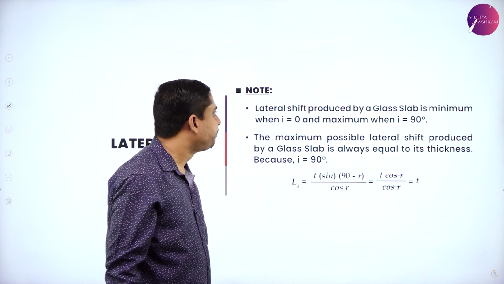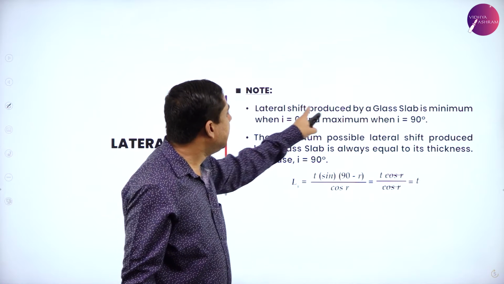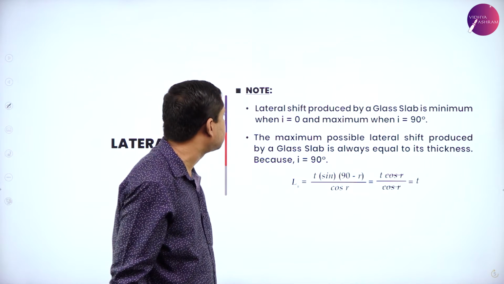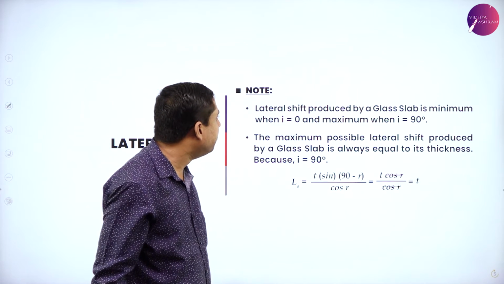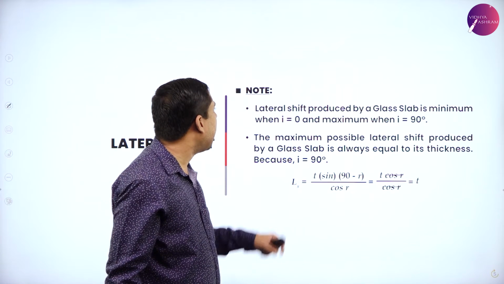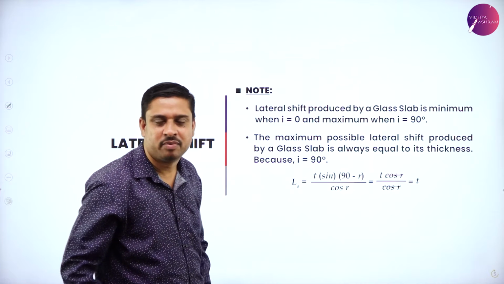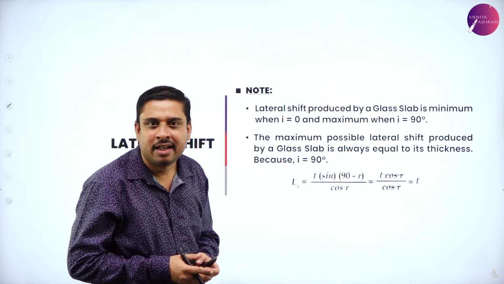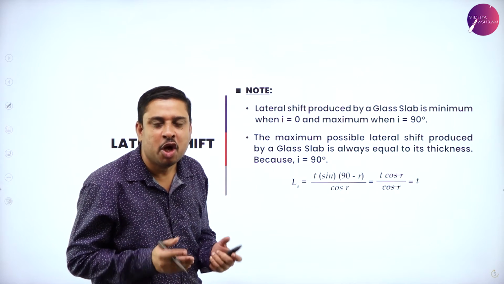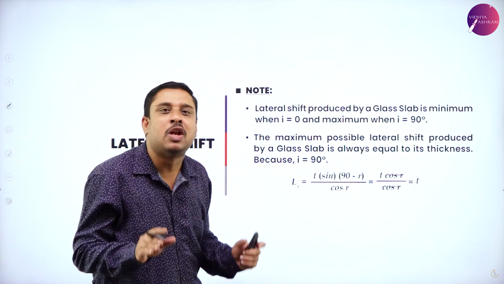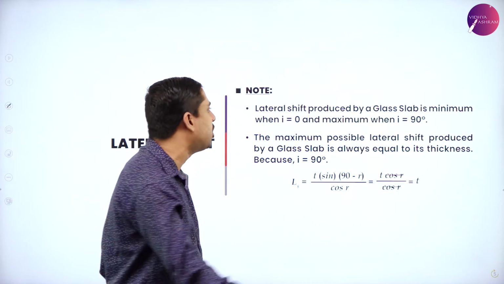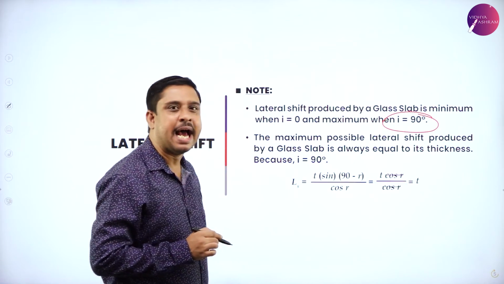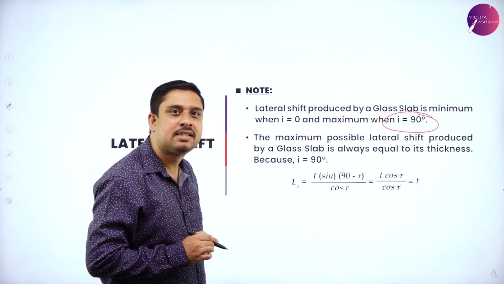Now, lateral shift produced by a glass slab is minimum when i is equal to 0. When the angle of incidence is 0, there is no refraction at all, no lateral displacement at all. So lateral shift is also 0. And it is maximum when i is 90 degrees.